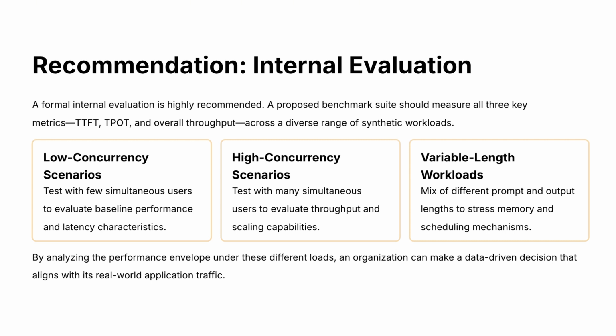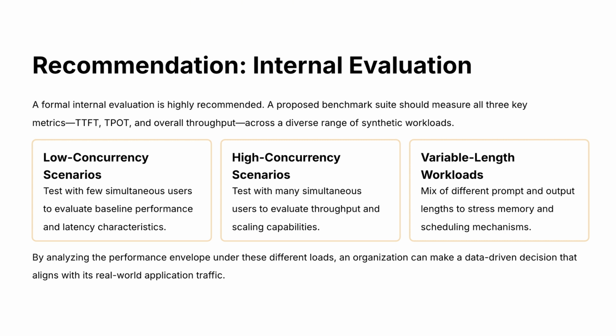So overall, here you can see some of the key recommendations. The evaluation that you want to do as part of your benchmarking should be based on a custom benchmark suite, and you can use any of the metrics that we discussed, like time to first token or time per output token. But then you need to consider three key scenarios.